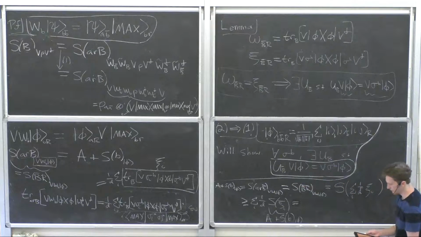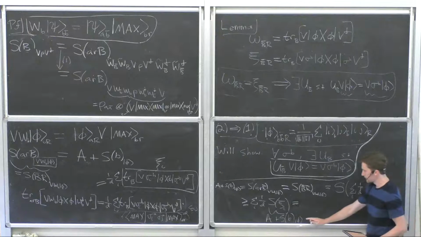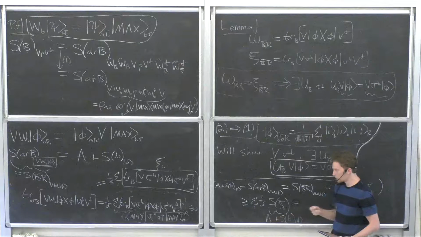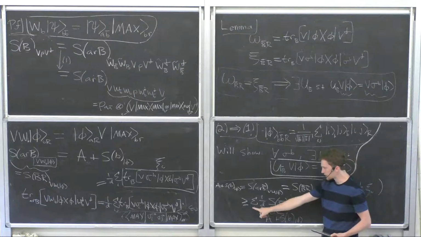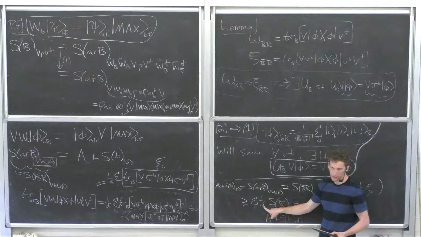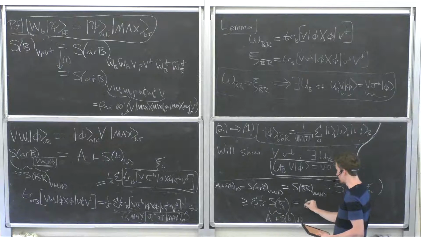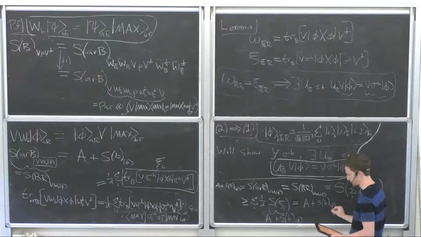That's using statement 2. What's important is that this doesn't depend on I. So you can do the I sum from 1 to d. That cancels this 1 over d. And you get that this just equals A plus S of little b and phi.